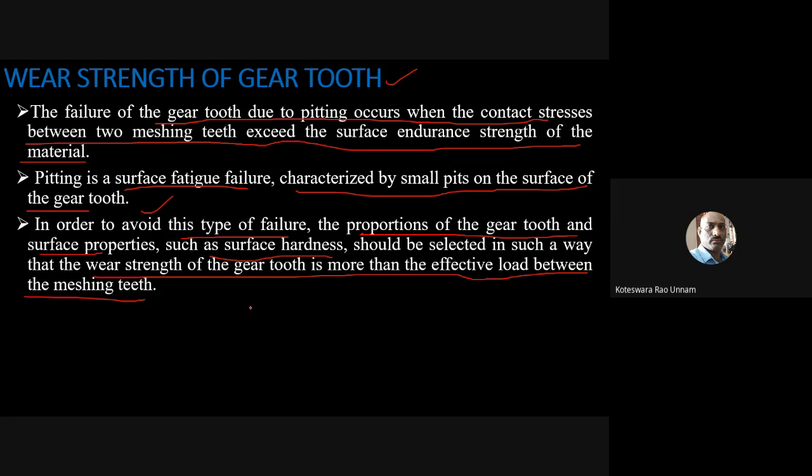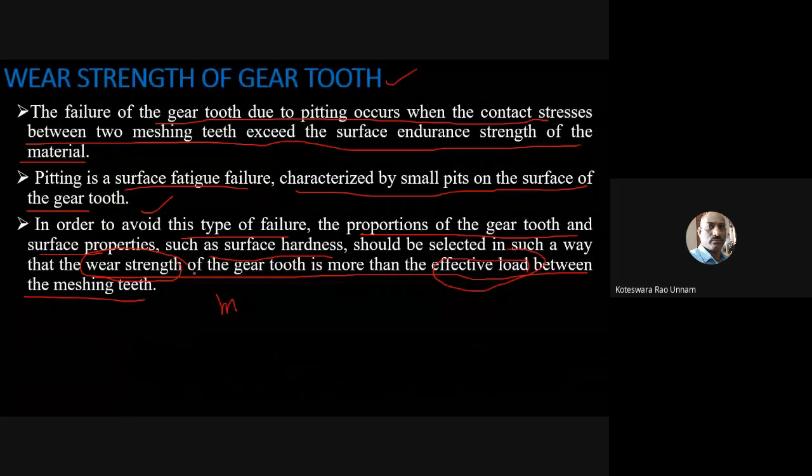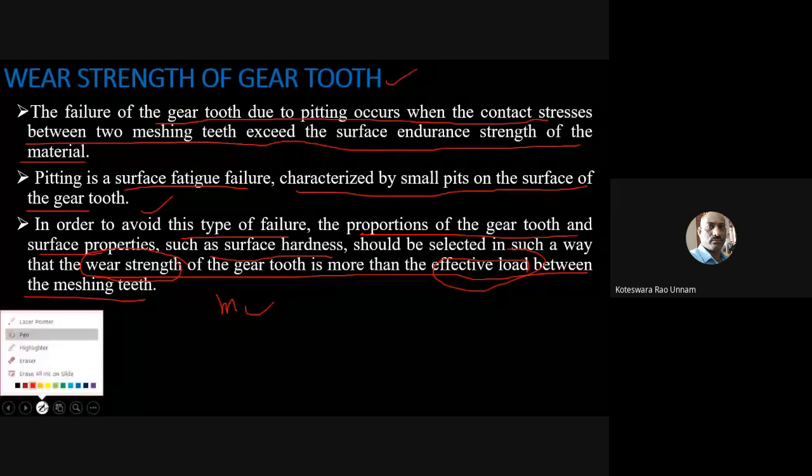Therefore, to identify the expression for the module, you should know the wear strength of the gear and also the effective load. If you know these two things, you can easily derive an expression for the module and design the gear for wear strength also.